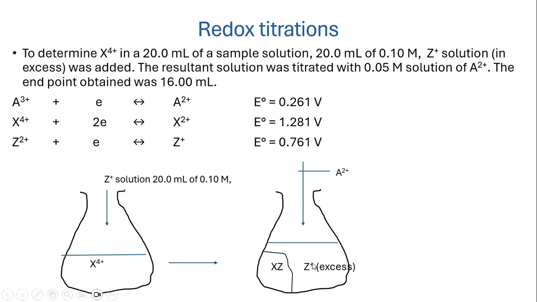Are they in the correct oxidizing states? Z plus can be oxidized. A2 plus, again, is going to be oxidized. So this is an error. There is an error in this question. Do you see the error?